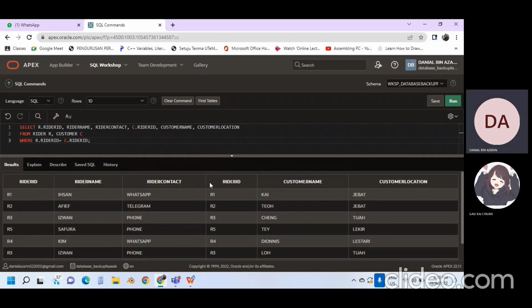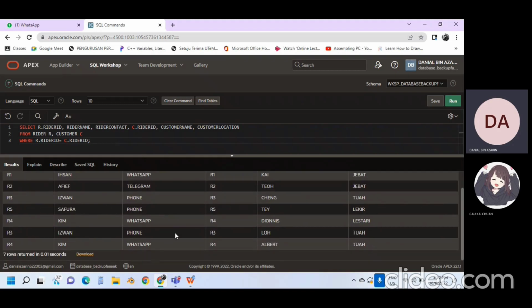Therefore, in the output, we will see that the rider IDs are as follows: R1, R2, R3, R4, R5, R4, R3, and R4. The rider names are Ihsan, Afif, Izwan, Safura, Kim, Izwan, and Kim. The rider contacts will be using WhatsApp, Telegram, phone, WhatsApp, phone, and WhatsApp.